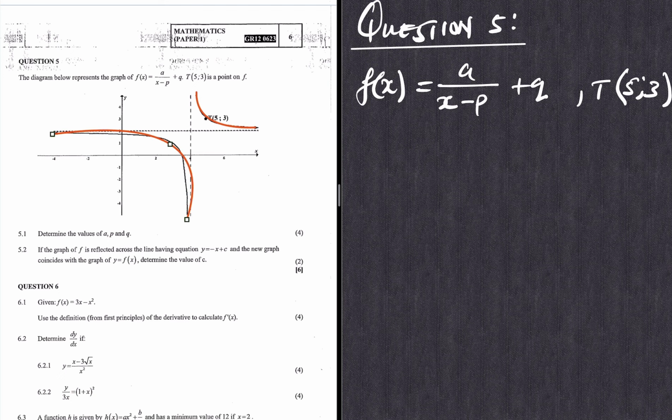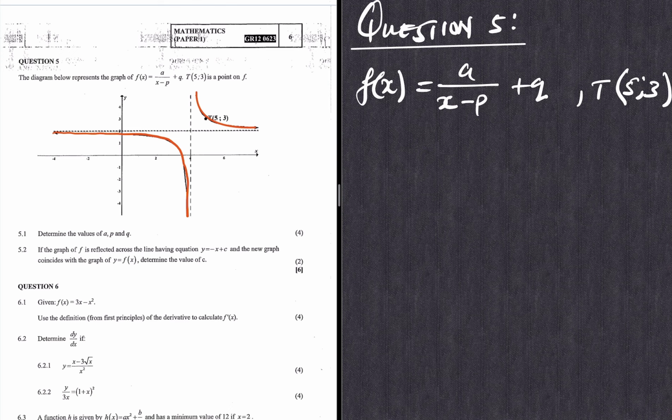So this is trying to tell you that the value of A there is positive. So A is positive because of the shape. The graph is divided in the first quadrant and the third quadrant formed by the asymptotes, okay? And how many marks? It's 4 marks.